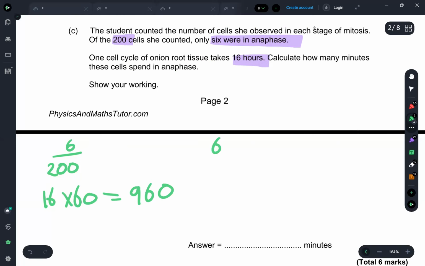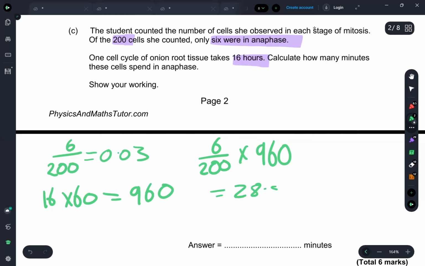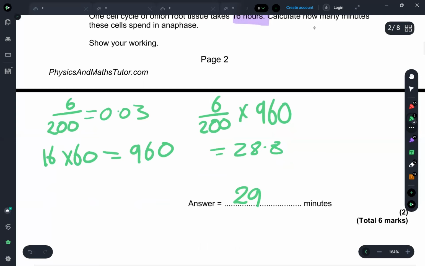So that would be 6/200 times 960, so 0.03 times 960. And that's going to give us 28.8 minutes. You can round it up to 29 if you want. Either is correct for this answer, and that would give you 2 marks, a total of 6 marks for that question.